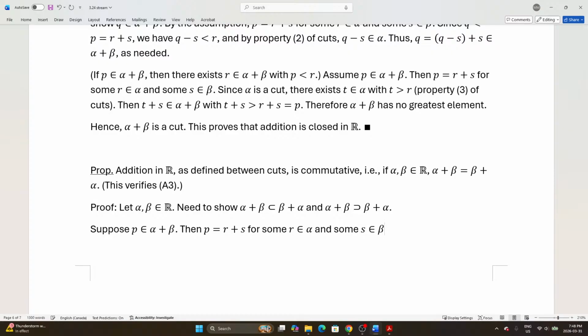Then we can write P as S plus R. So this way P is equal to something that comes from beta plus something that comes from alpha, and thus it is in beta plus alpha. It's a completely trivial proof, but this proves the first containment. Utterly trivial.